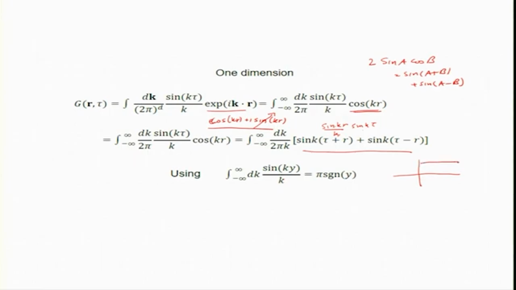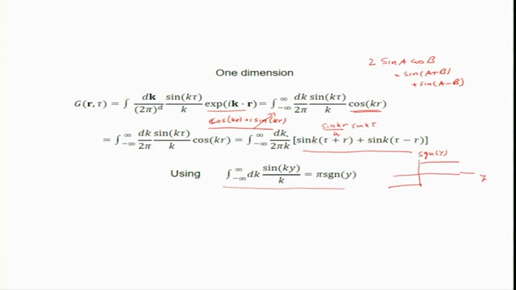So the sine function is, for y positive, 1 and for y negative, minus 1. This is the sine function of y. The theta function is 1 for y positive and 0 for y negative. Sine is a combination of the two. So this is a nice function, and we need this here.